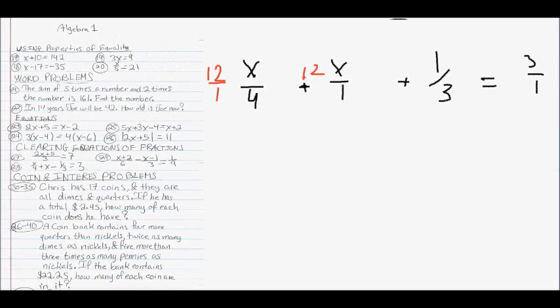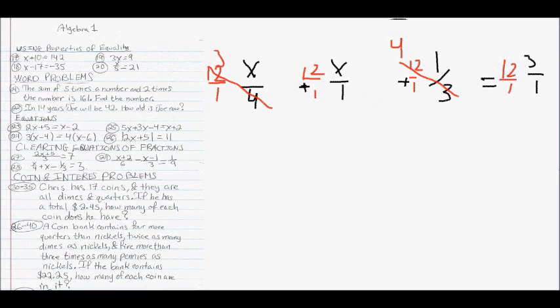So I'm going to multiply each number by 12. And this is a lot easier.